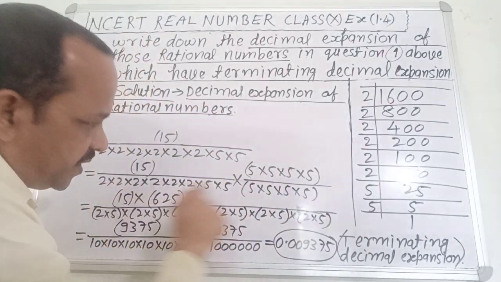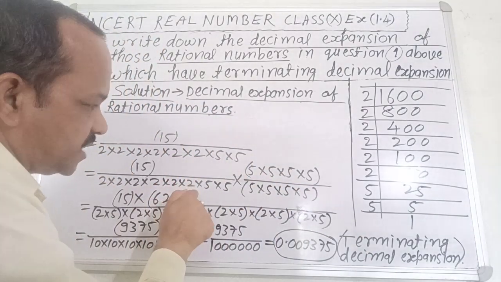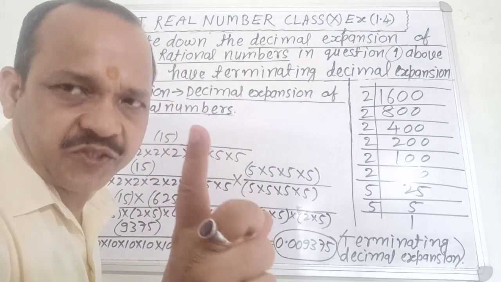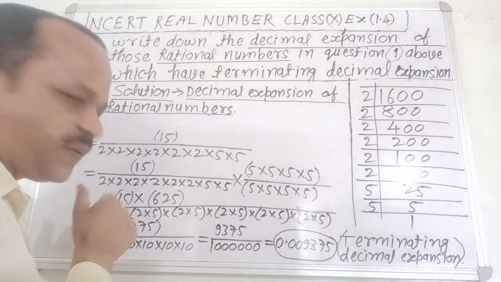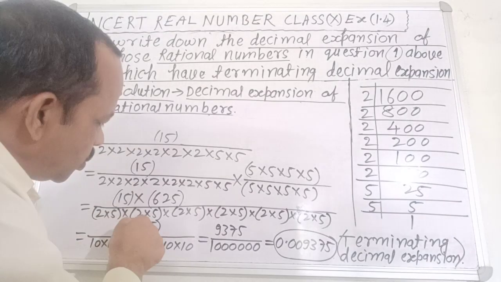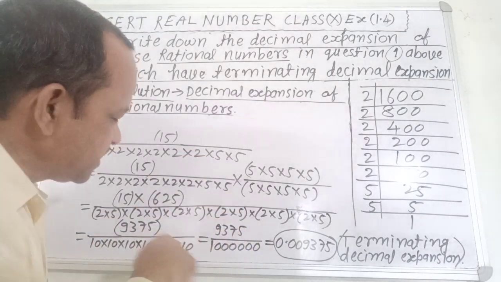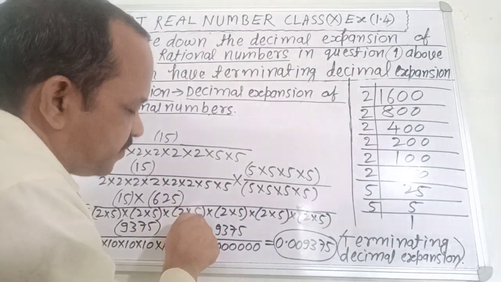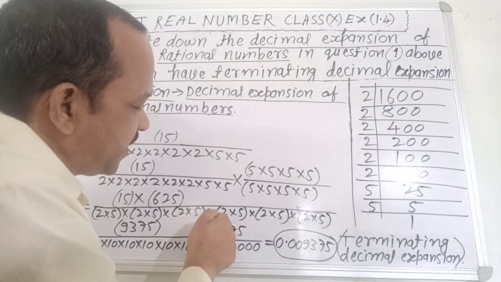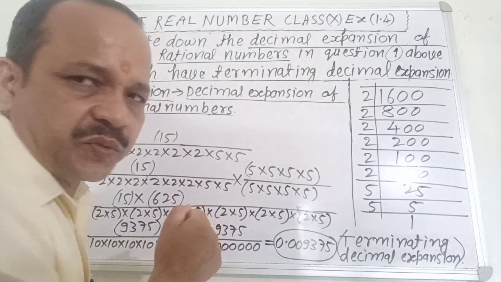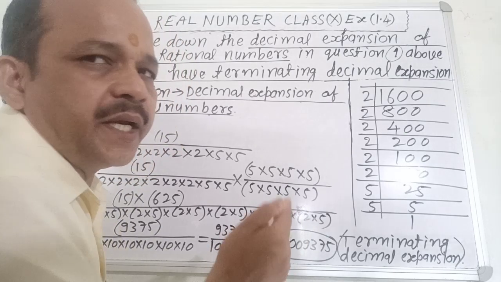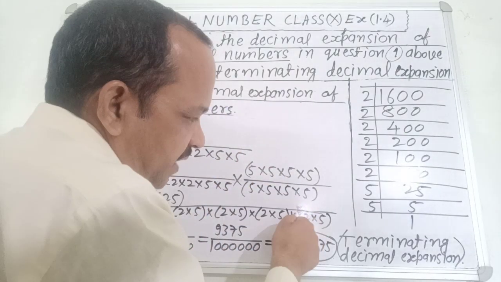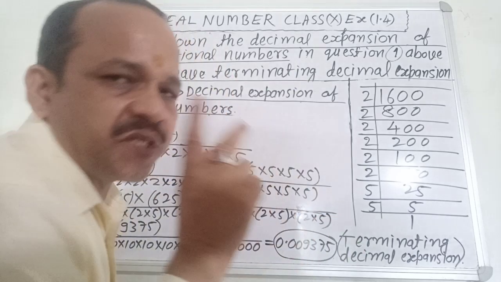Now the denominator has 2 six times and 5 six times. So you can write 2 times 5 in the first bracket, 2 times 5 in the second bracket, and so on up to the sixth bracket.